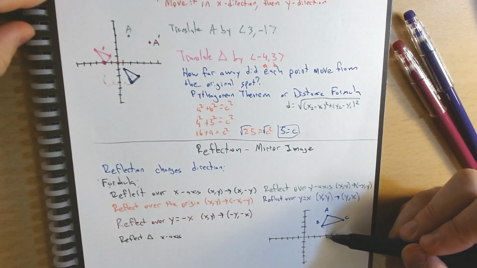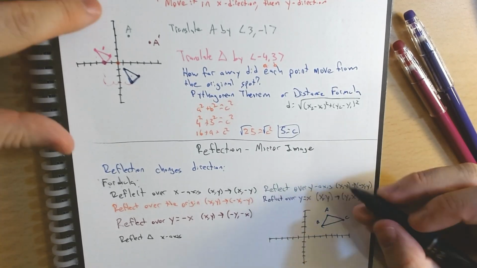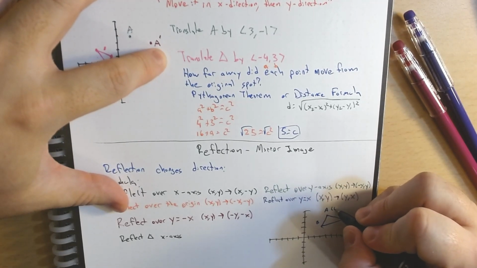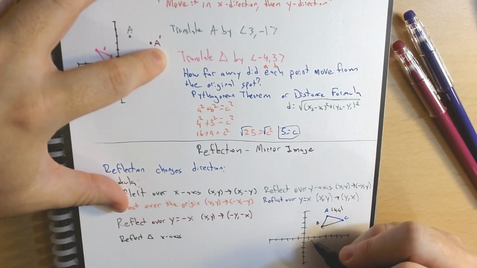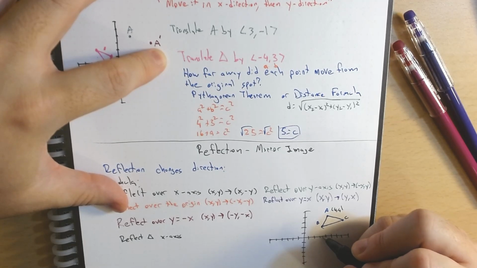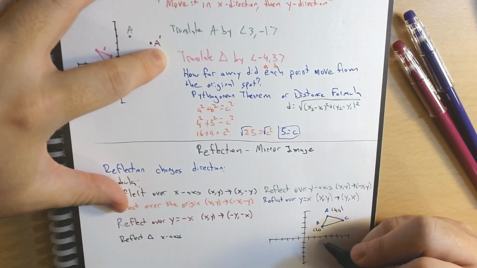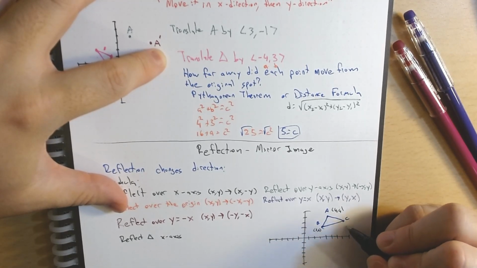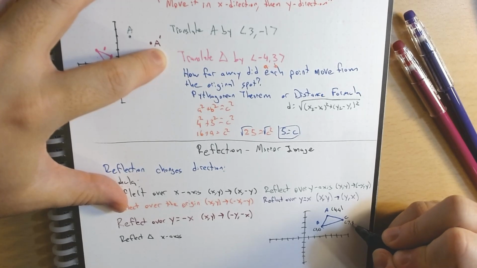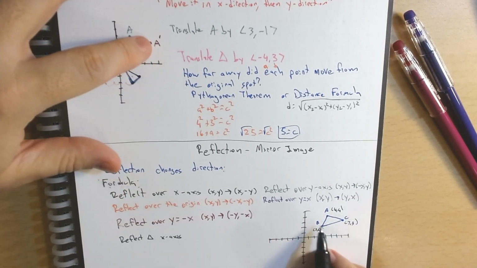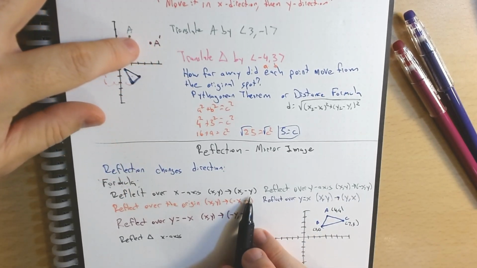This is 4, 4. This is 3, 2. And this is 7, 3. Right? So I could just take each of those y coordinates and put a negative.